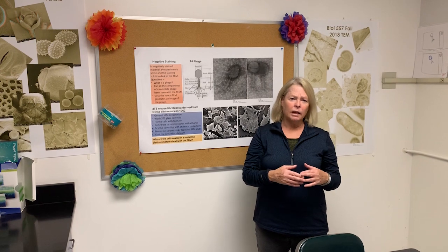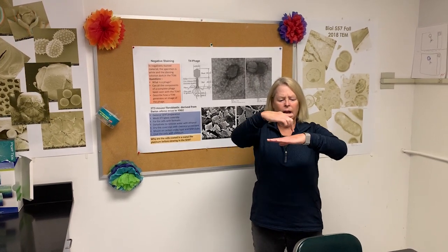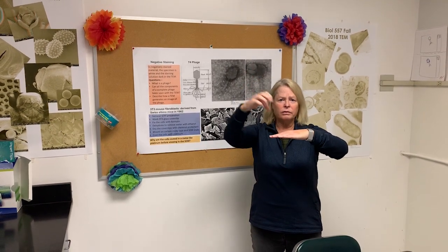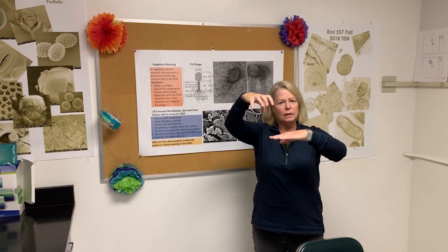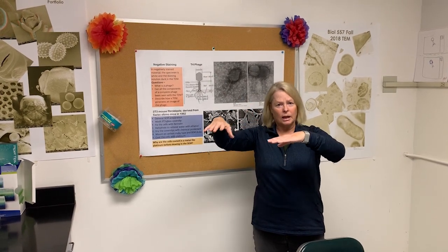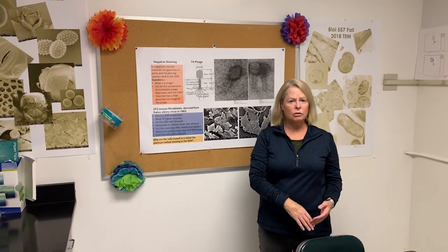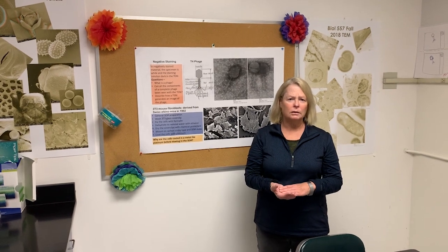Whereas a scanning electron microscope uses very low energy electrons and they hit the surface of a sample and bounce back off, and we basically vacuum them up, and that way we can see the surface representation of a sample. So TEM is high energy electrons, SEM is low energy electrons.